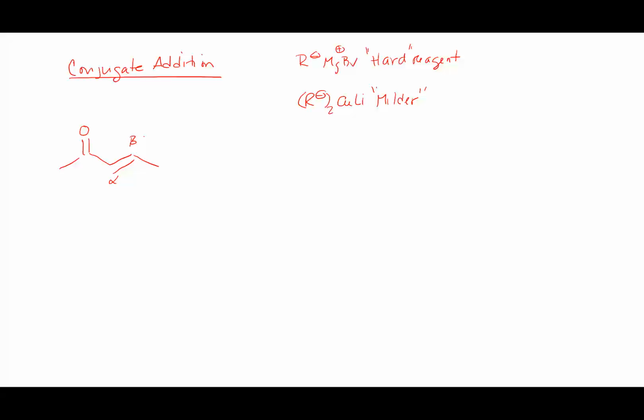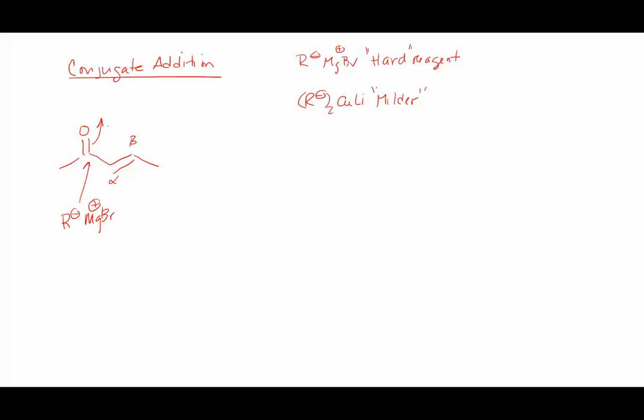So there's 2 possible reactions that can occur here. The first reaction is to take a Grignard, and the Grignard will come in and attack the carbonyl. Anytime that reaction occurs where it attacks the carbonyl, and not what I'll show you in a moment, that's what I consider the reagent to be hard.